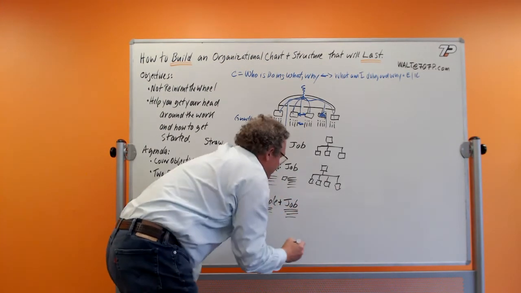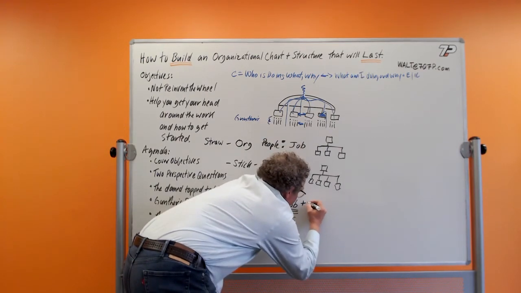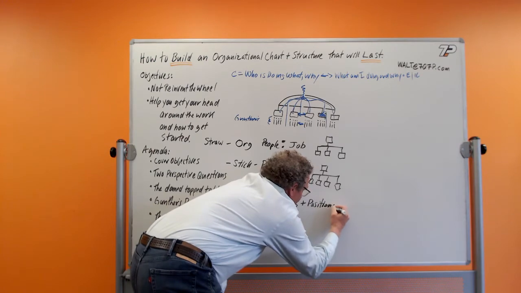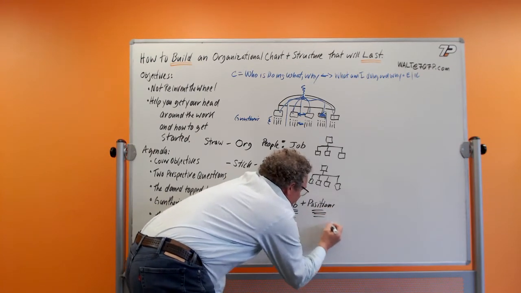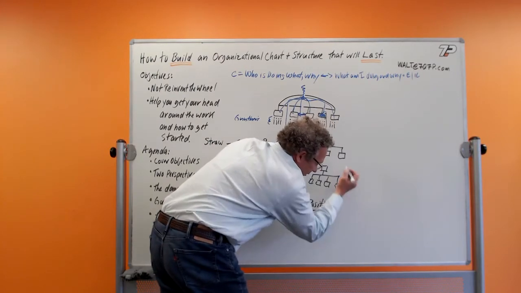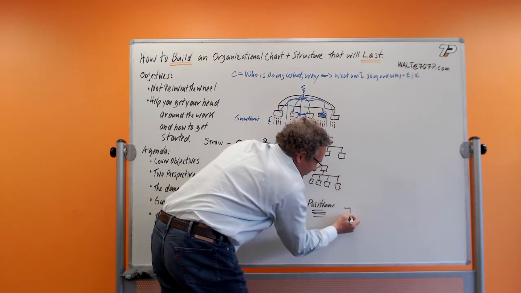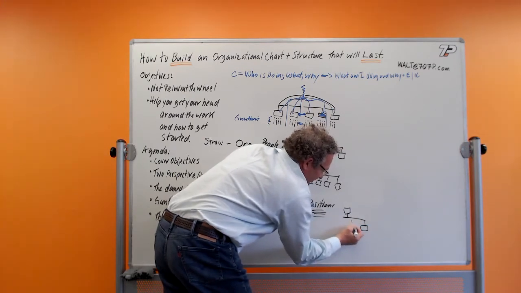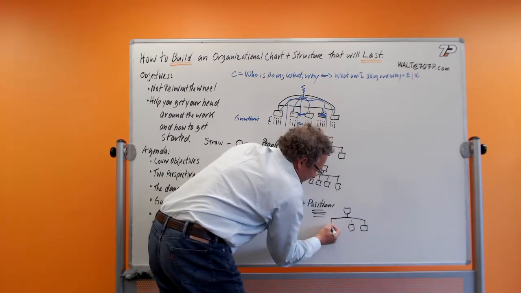But then what we want to do is add, at a minimum, these positions or roles that need to be drawn out. So this chart ends up looking more like the dome top table. We still have our reports to, and we still have the jobs that people are filling.